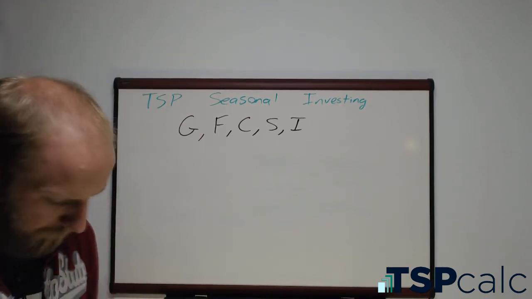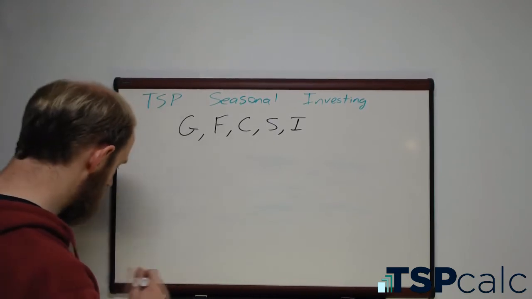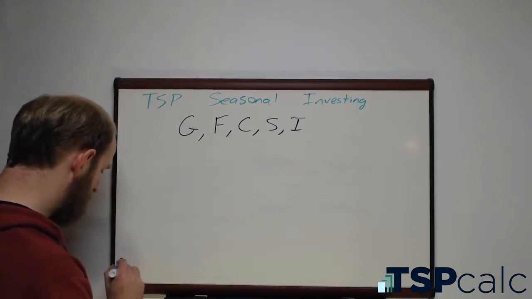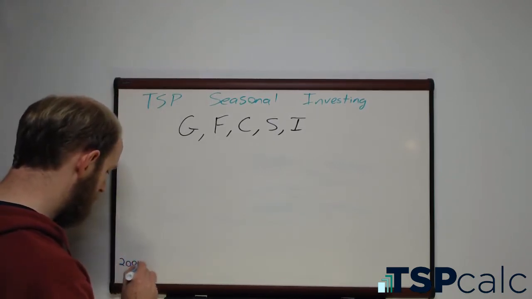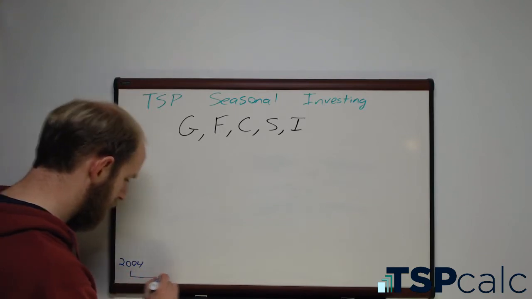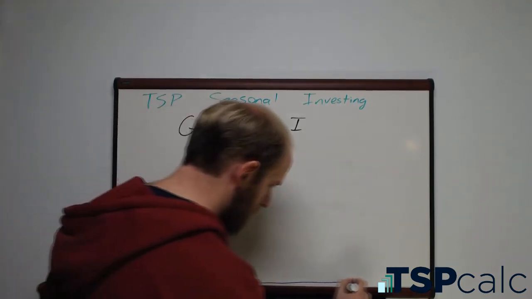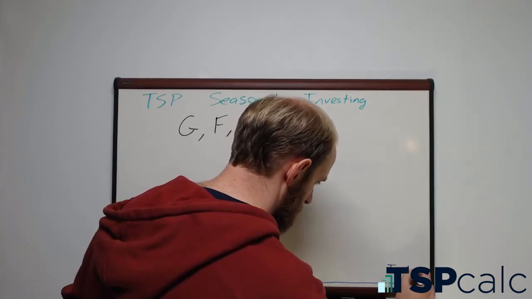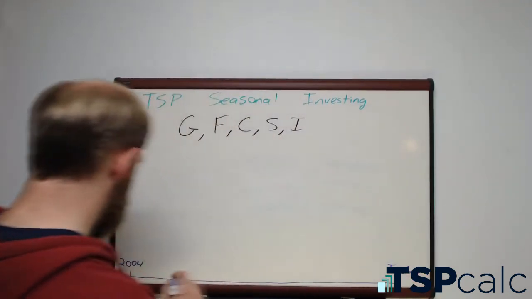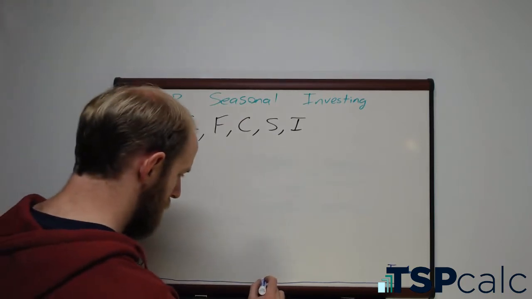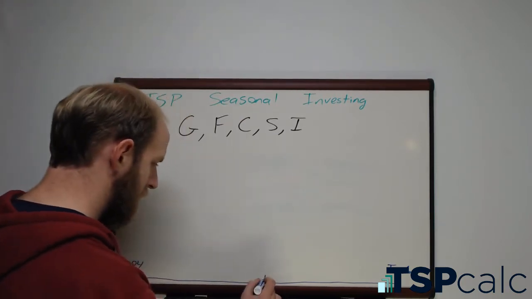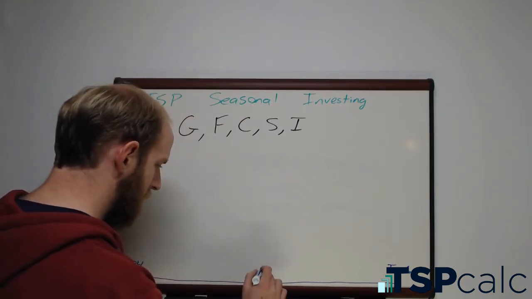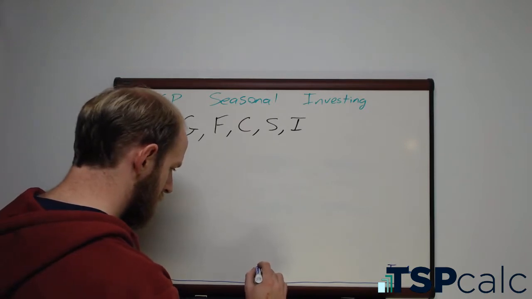Okay, so I'm going to draw a timeline down here where this line is January 1st, 2004, and over here, way over here, is today. So this is going to be approximate, all right? So right in the middle, we have about 2011.